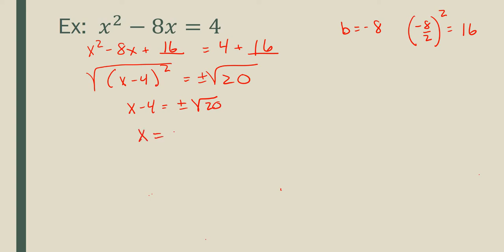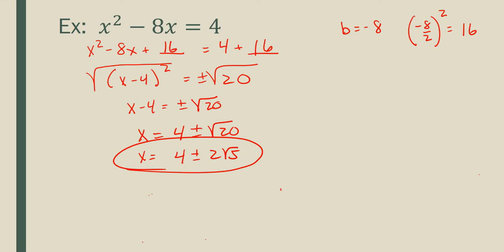And then add 4 to the other side so I know what x equals. In this case, I can also simplify the radical. So my final answers are 4 plus 2 root 5 and 4 minus 2 root 5. And we can just leave it written this way.